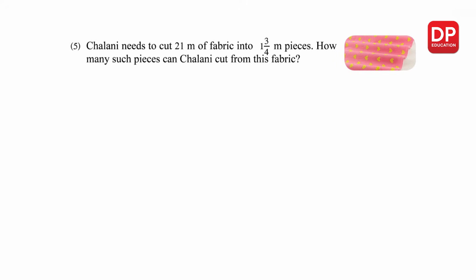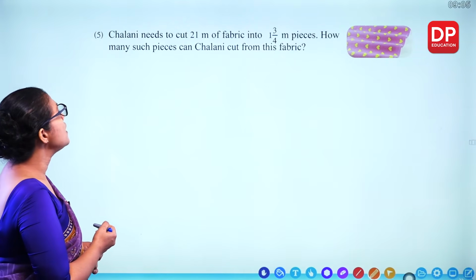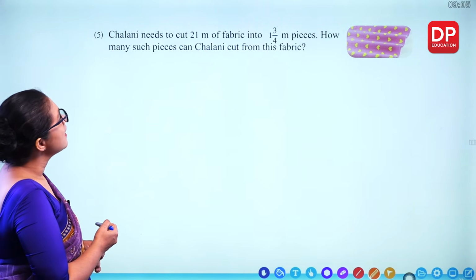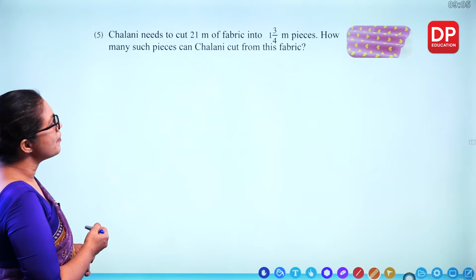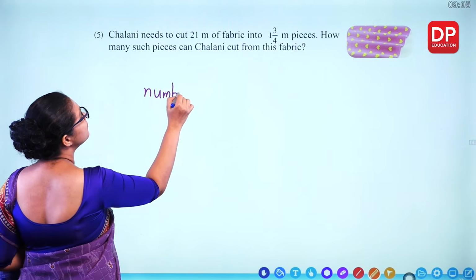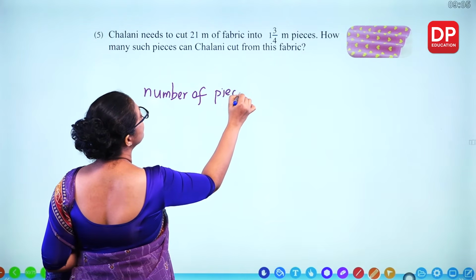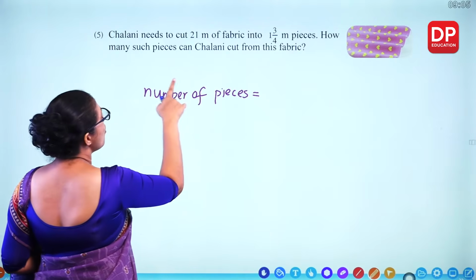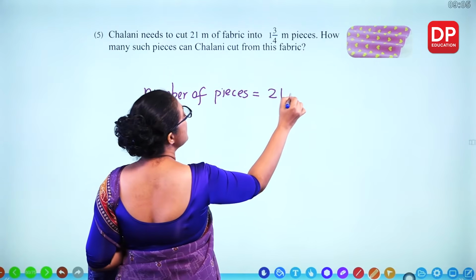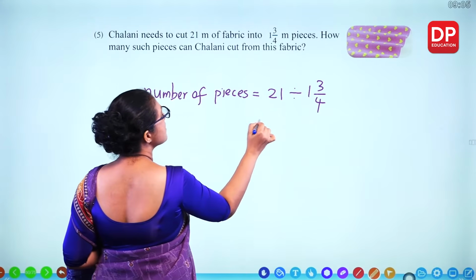Shalini needs to cut 21 meters of fabric into 1¾ meter pieces. How many such pieces can Shalini cut from this fabric? So number of pieces is equal to total length, 21 meters, divided by 1¾ lengths.